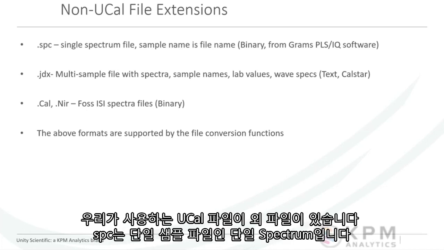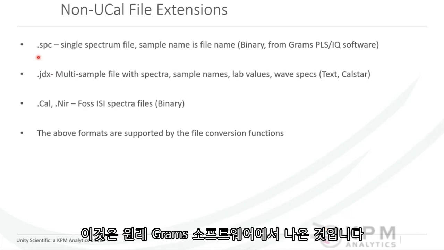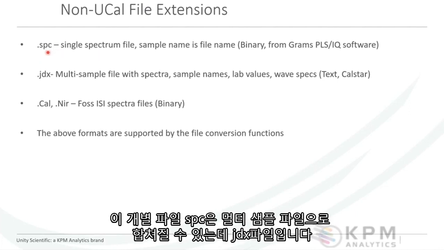There are some non-UCAL files that we use also. An SPC is a single spectrum, a single sample file, originally from Grams software. These individual files can be combined into a multi-sample file called a JDX file. Similar content, just multi-samples.